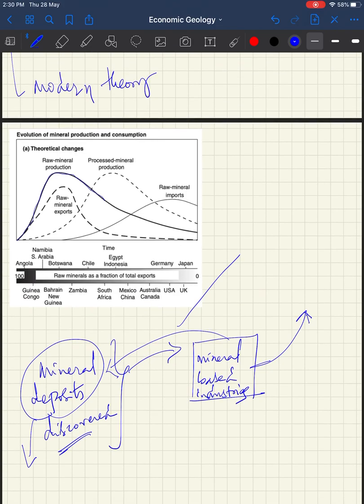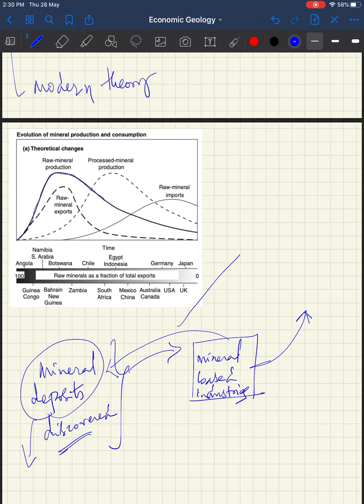See, if you just observe in this particular diagram at the bottommost left corner, you can see countries such as Congo, New Guinea, Namibia, Angola, and as you move towards the right side of the spectrum, you can see countries like Germany, Japan, USA, and UK on the other extreme.